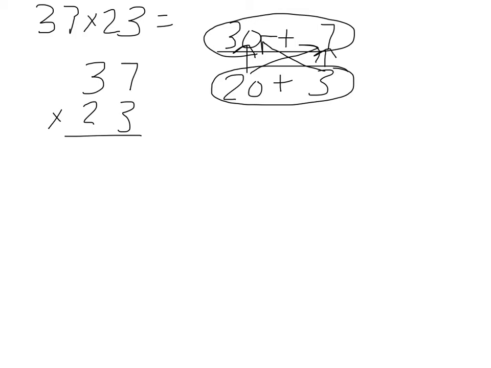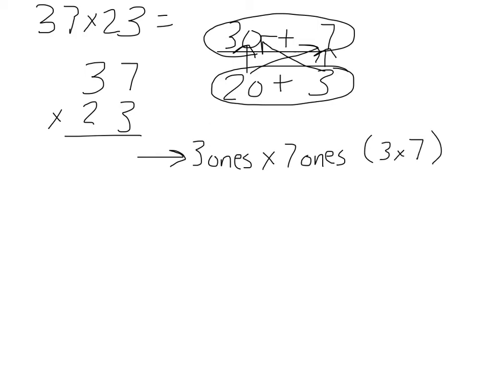But if I did partial products here, the first thing I would do is I would multiply 3 ones times 7 ones. So that's the same as 3 times 7, and I would get 21.